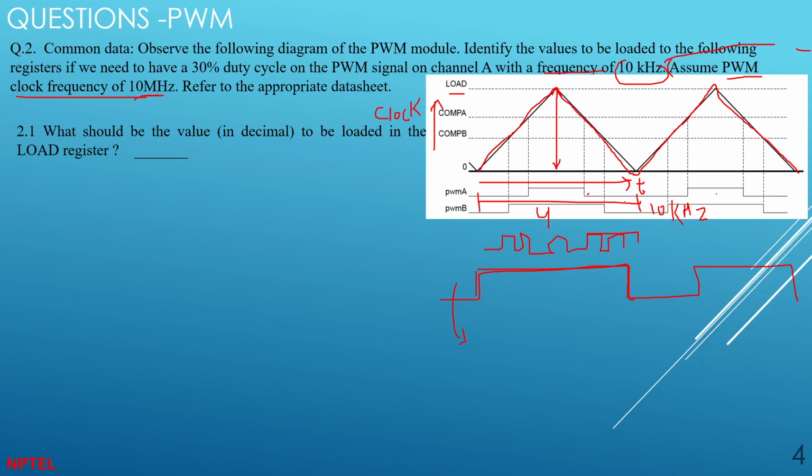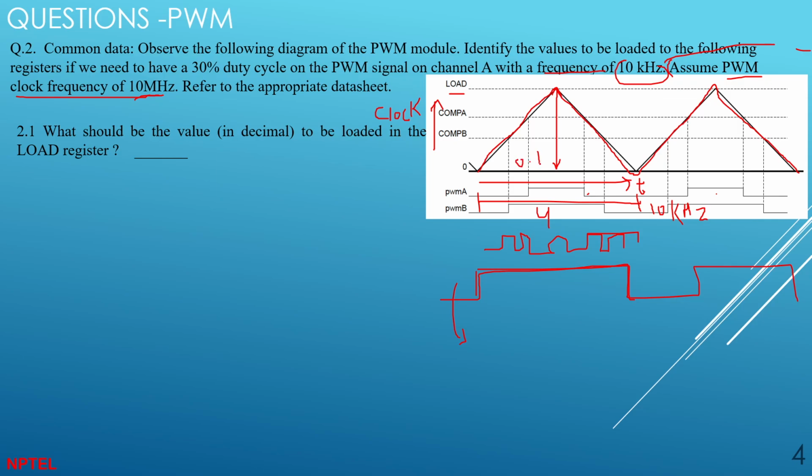This looks like an equilateral triangle. If this is 10 kilohertz, you need to convert it into seconds, since this is actually time. What will 10 kilohertz look like? I think it's around 0.1 millisecond.